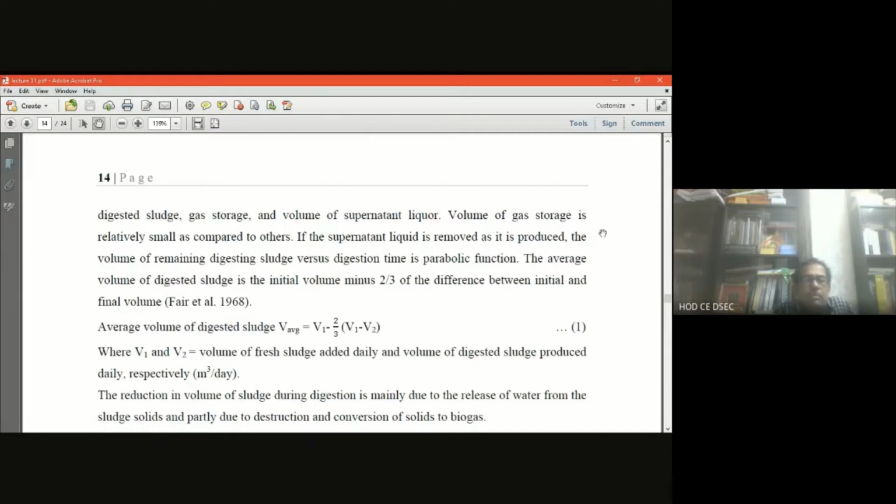So V average equals V1 minus 2/3 of (V1 minus V2).